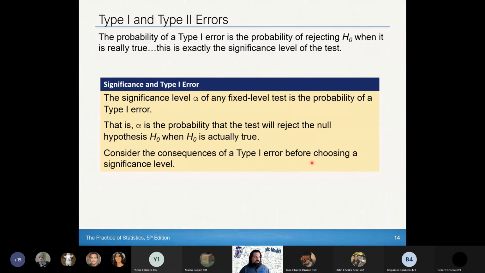Consider the consequences of a type 1 error before choosing a significance level. We'll deal with what consequences could be in a later example. And there are ways to determine the probability of a type 2 error, but that comes later. Now we're just dealing with type 1.